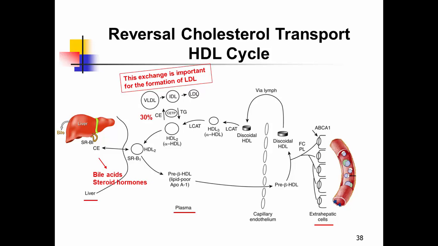And once the lipids are picked up by the liver, the alpha HDL then becomes beta HDL, right? Because you have almost depleted all the lipids. And then the beta HDL goes back to the peripheral tissue and takes the free cholesterol again from the peripheral tissues, right? So these proteins are very important and involved in the whole process of the HDL cycle.